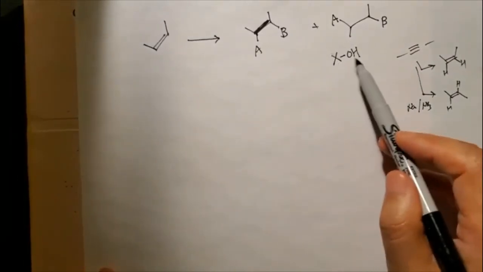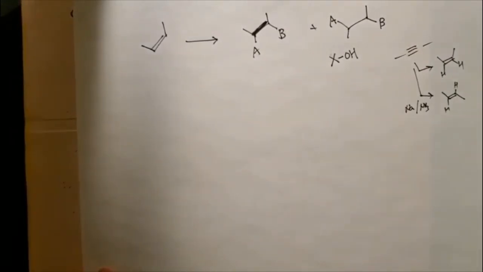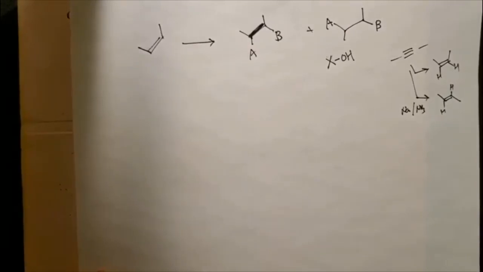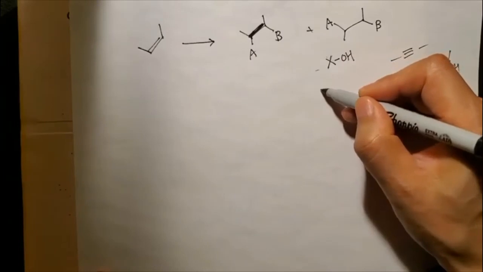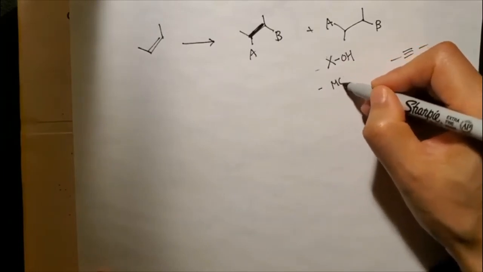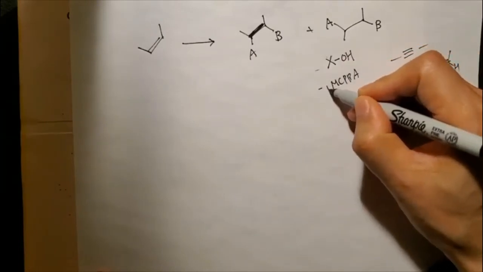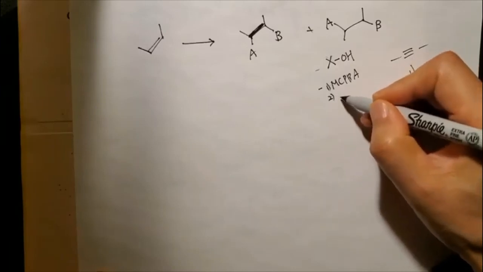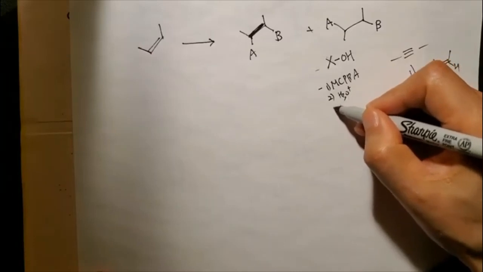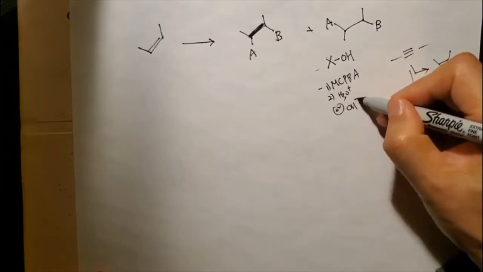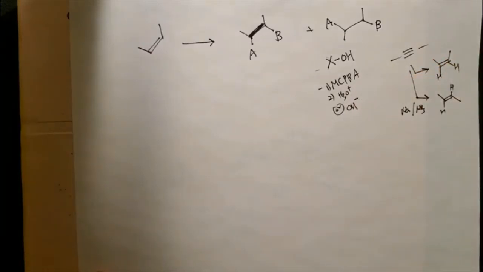They, halogen and OH, added in anti-fashion. Also, you could add OH in the anti if you use MCPBA first, make epoxide, then you are using either H3O plus, the acid, or you can use OH minus to make the 1,2 anti-diol.